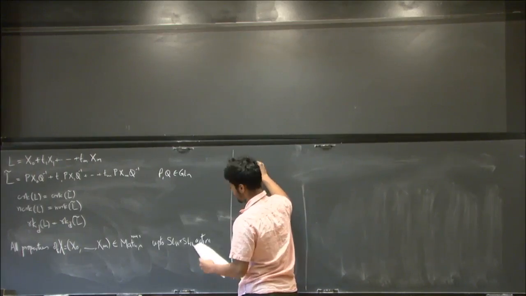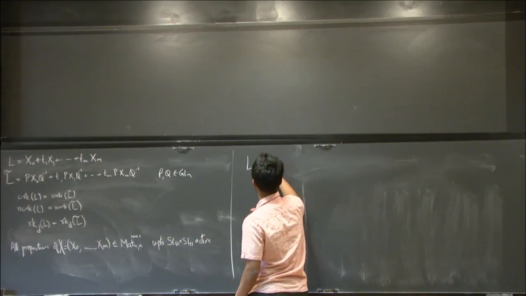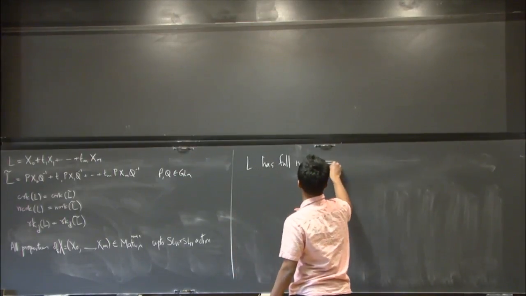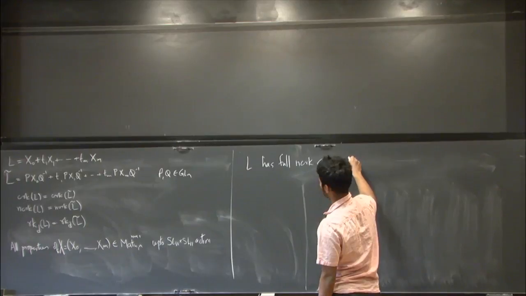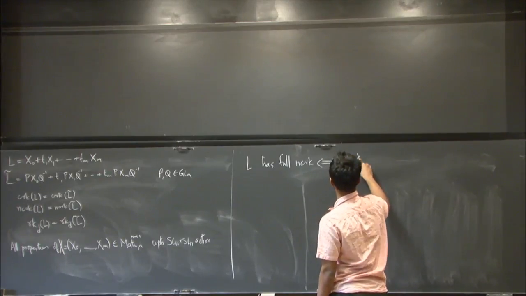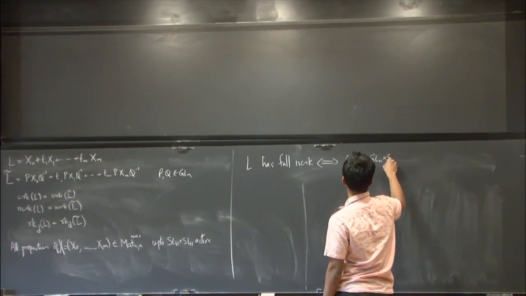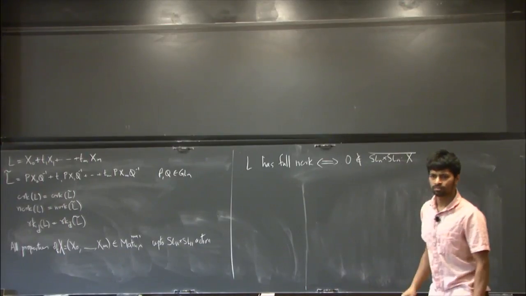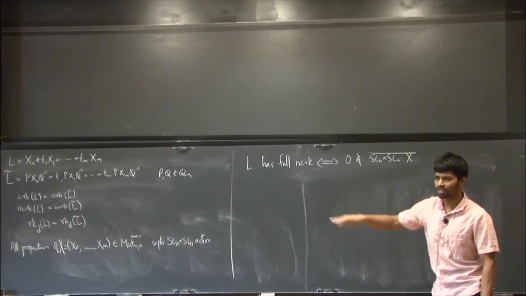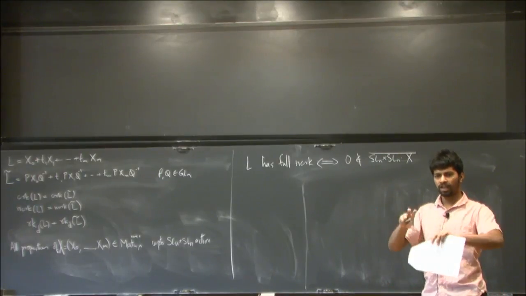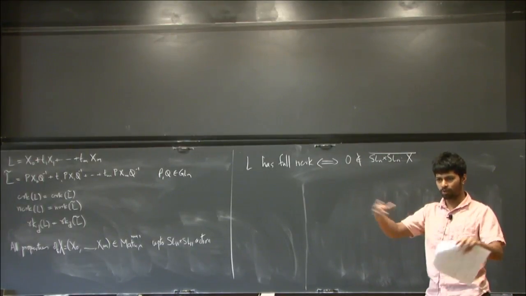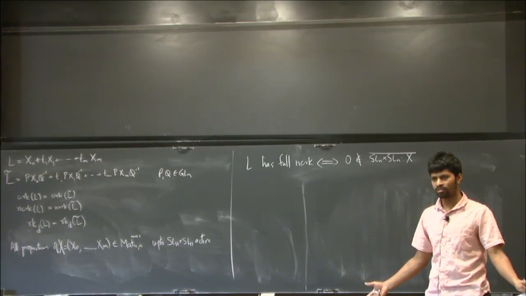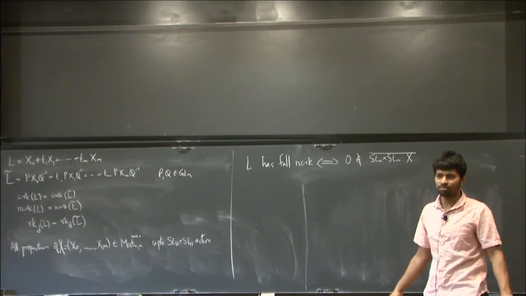And the claim is, L has full non-commutative rank if and only if 0 is not in the closure of the orbit under SLn cross SLn. So it means take this tuple of matrices, apply SLn transformations on both sides, see all possible tuples you can get, and then take the closure, limit points if you're over the complex numbers.